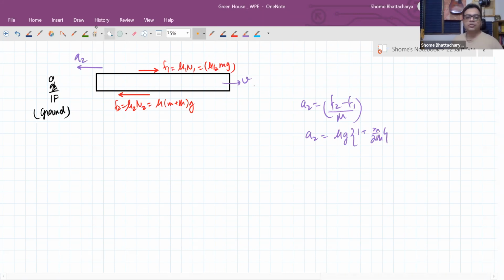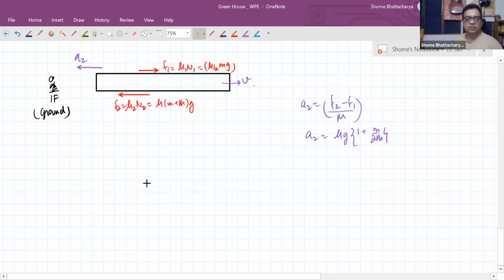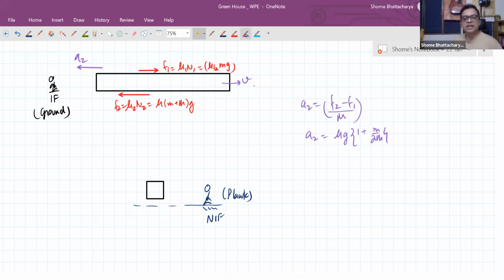Okay. Now what you do next is, for the block, you make its free body diagram in the frame of the plank. Now your observer is sitting on the plank. So he's in the non-inertial frame of the plank. So the observer himself has this acceleration A2 backwards.